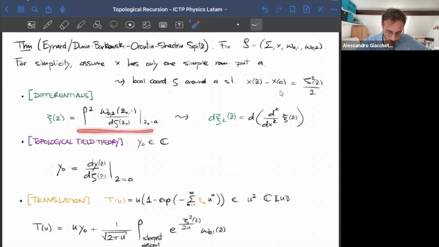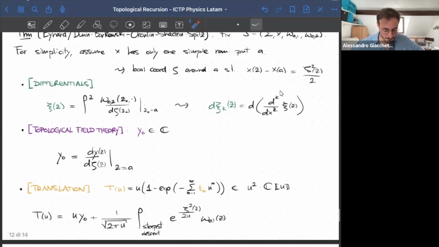And when we integrate it, we get a function that I called psi of z. And I define this differential d psi k of z to be the kth derivative of psi with respect to x, k times, and then I take the differential of that function. Okay, this seems a bit random, but hang on a minute. So in this way, I define some differentials.